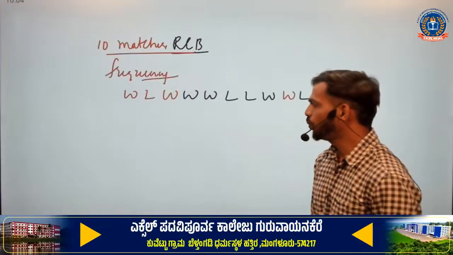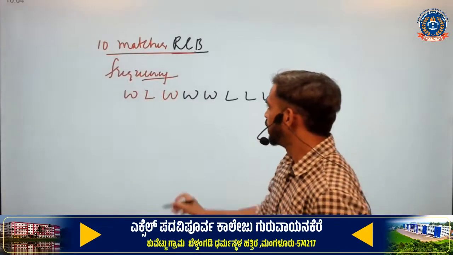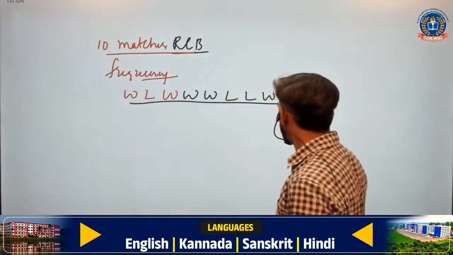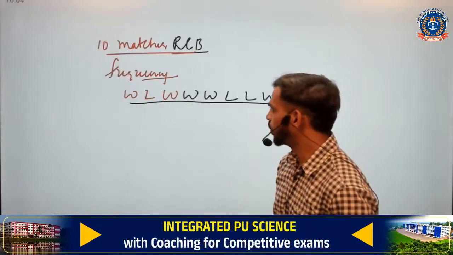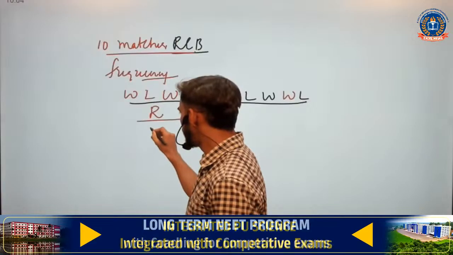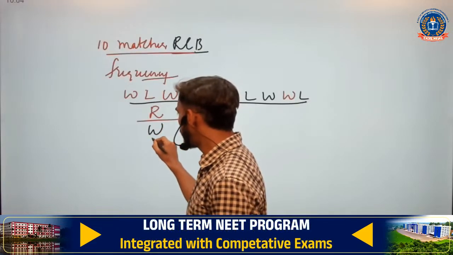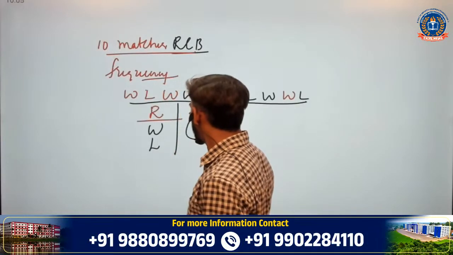Now, how can we build a frequency distribution here? Based on these 10 matches we can construct one frequency distribution. The results are either RCB won the match or lost that match. Here we can count the frequency.